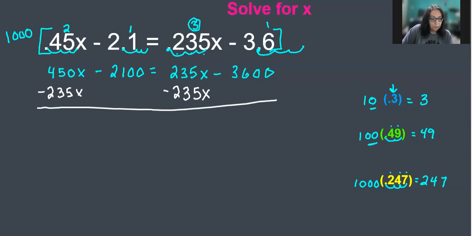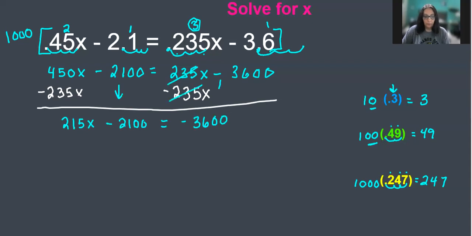When I subtract 450 minus 235, I get 215x. I'm going to bring this down. Negative 2100 equals, these cancel, and I get negative 3600. Don't forget to bring down that negative. Everybody doing okay?